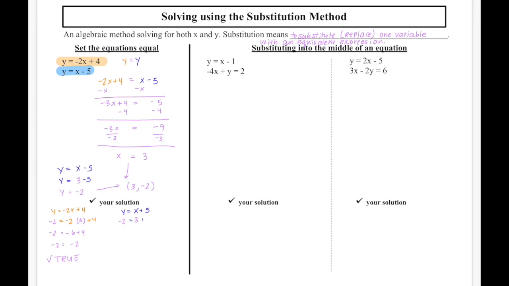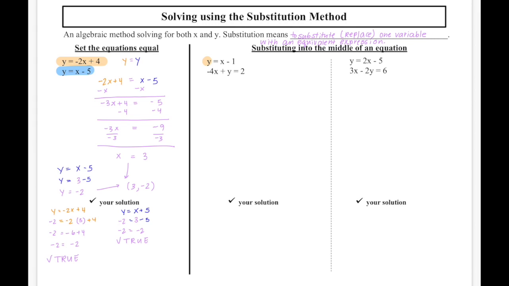So I'm going to do the same process with that line. So I get another true statement, which means that this point, (3, -2), satisfies both equations. That means that both equations pass through this point. So if we were looking at a graph, then we would see that the lines intersect at the point (3, -2).